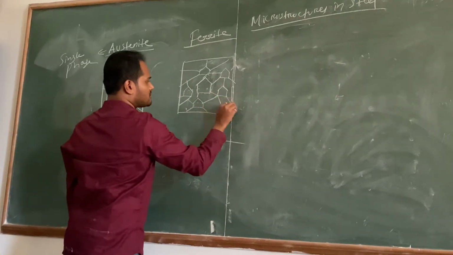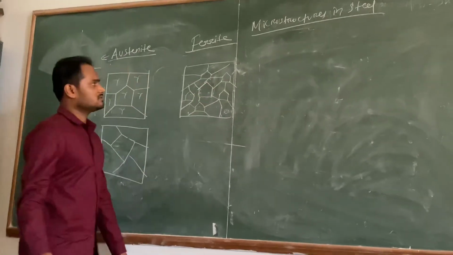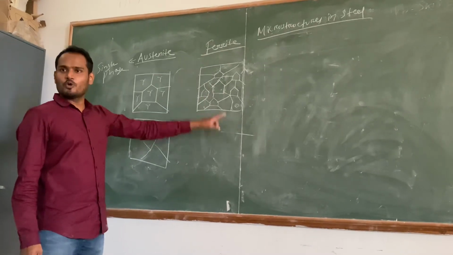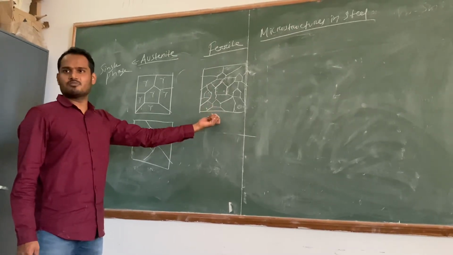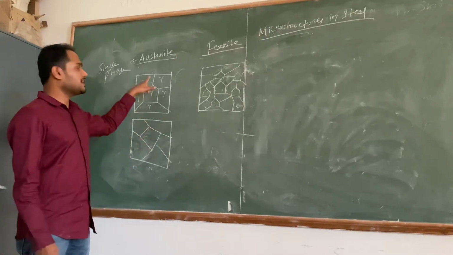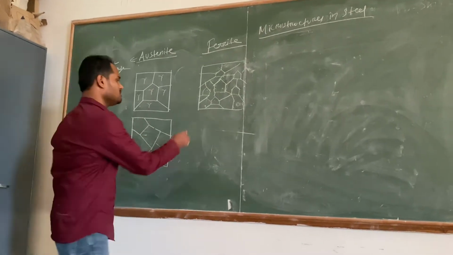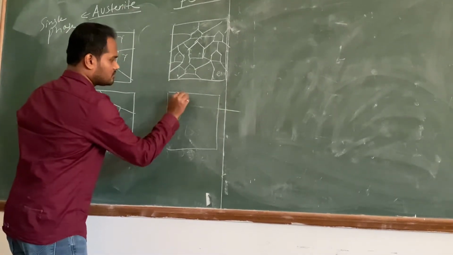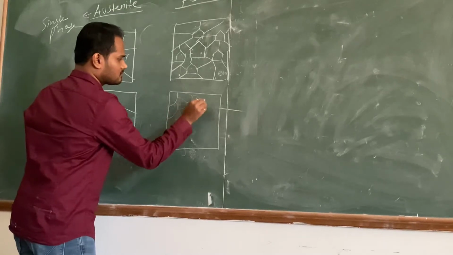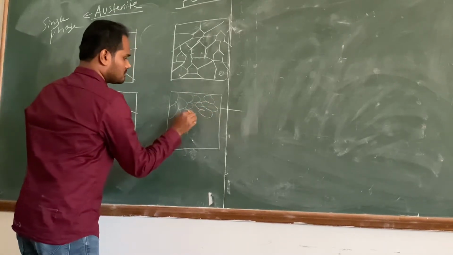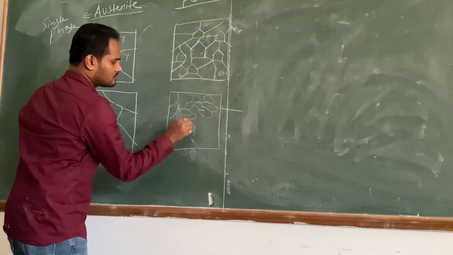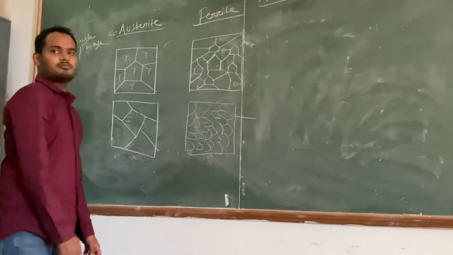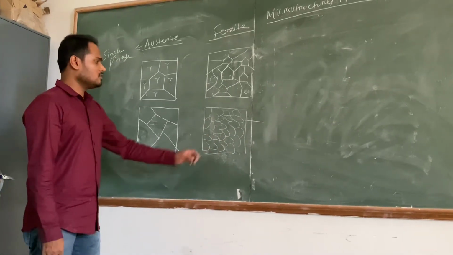So what I can see is the same grain and grain boundaries, but the grain size is smaller. Why? Ferrite is a low temperature phase, so the grains are smaller. But austenite is a high temperature phase, so the grains are bigger. Otherwise you can simply show it like this: grain and grain boundaries, fine. But small grains, so small grain boundaries, okay, fine.